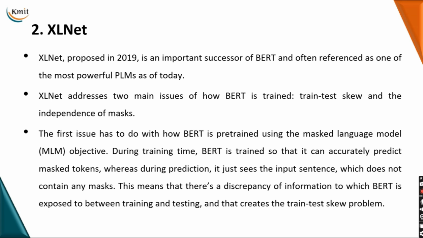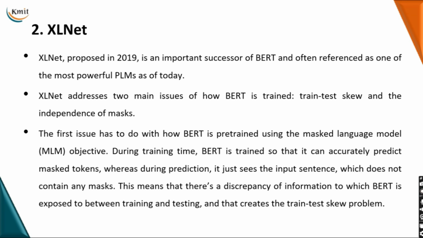The first issue has to do with how BERT is pre-trained using MLM. We have seen MLM and NSP when we were talking about BERT, right? During training time, BERT is trained so that it can accurately predict masked tokens, whereas during prediction, it just sees the input sentence, which does not contain any mask.